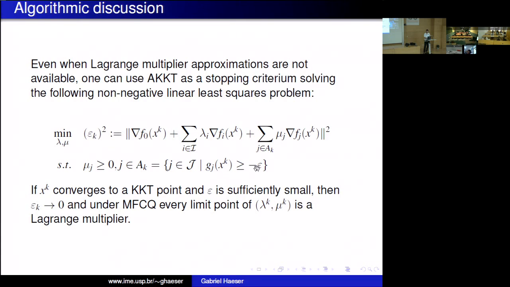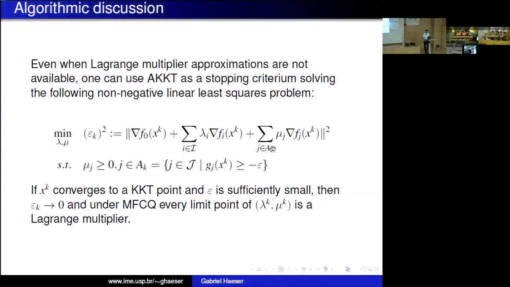If your constraint is inactive, your multiplier should be 0. So you should only add here the constraints that are close to being active. If this is close to being active, you add this index j to the set, and this should be a g_j here. Okay, this is the set.